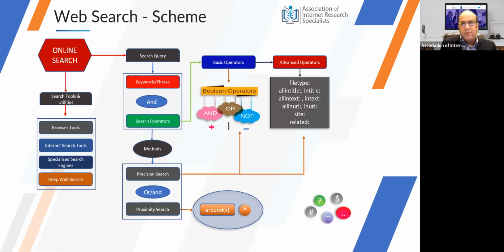And normally for precision search, we use a combination of Booleans and advanced operators. Then there is another type of search which we consider a separate method, just for the reason of distinguishing between the precision search and non-precision search, or a search for something that we don't know exactly, but we have a general idea of.